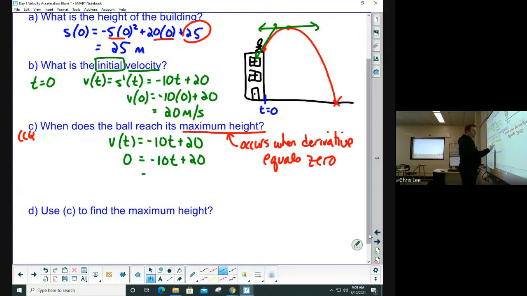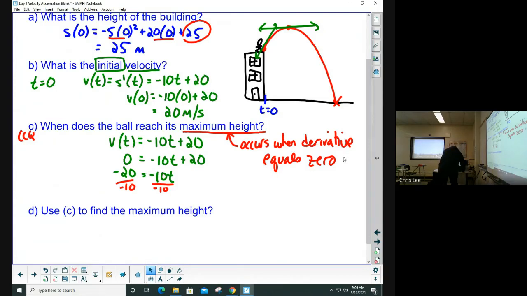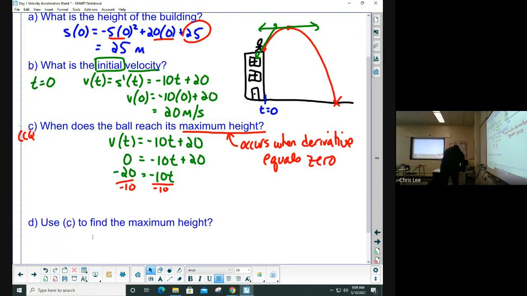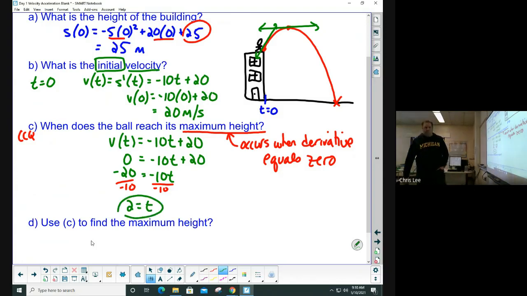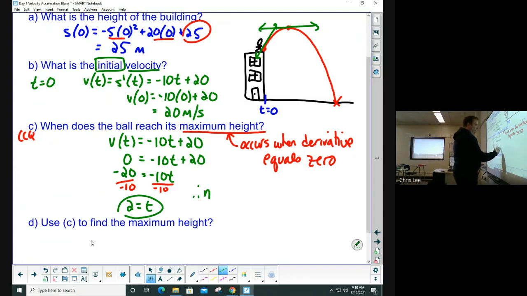A quick little solve tells me bring the 20 over and subtract 20, divide both sides by -10. And t equals 2.